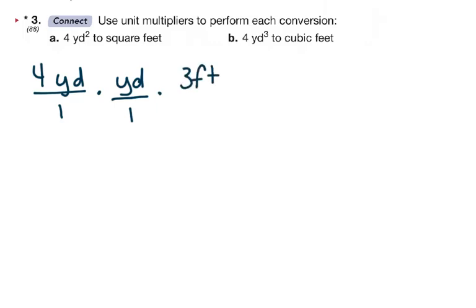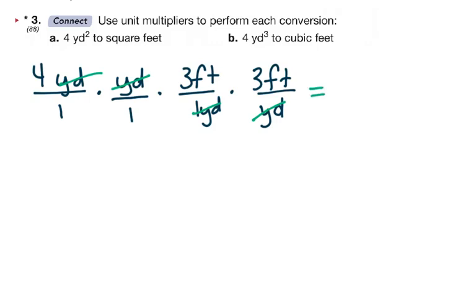So we're going to do times 3 feet over a yard times 3 feet over a yard, which means we can cross off our yards. And so we end up with 4 times 3 times 3. And you're going to multiply that out. So 4 times 3 is 12, times 3 is 36. And then you're going to label it feet squared, because you have 2 of those feet.